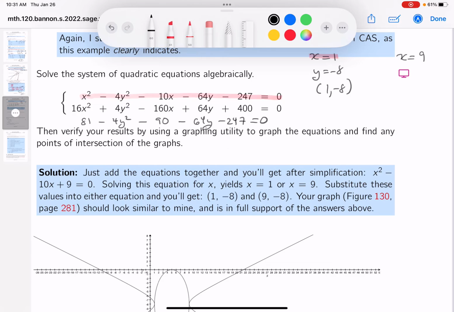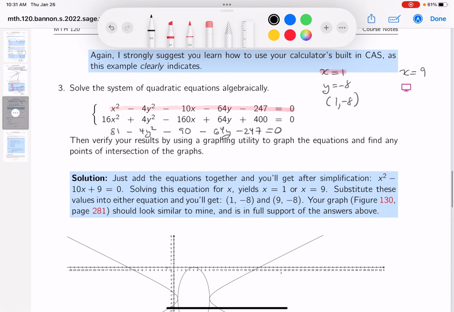All right, let's write this down. So what do you get? Minus 4y squared, minus 64y. Now you've got to do that number part, right? So what do you get? 81 minus 90 is minus 9. Minus 9 minus 247 is going to be minus 256.